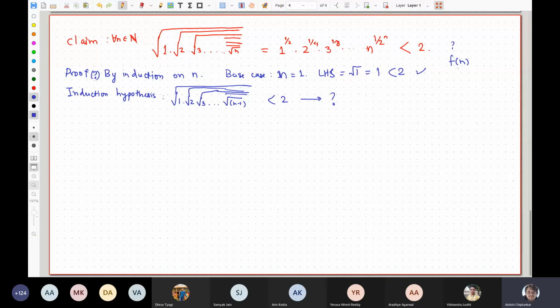This function should be such that it is easy to prove f of n is less than 2 for all n. And hopefully, using some kind of structure in this function f, you will prove that this weird square root expression is at most f of n. That sounds like a plan.